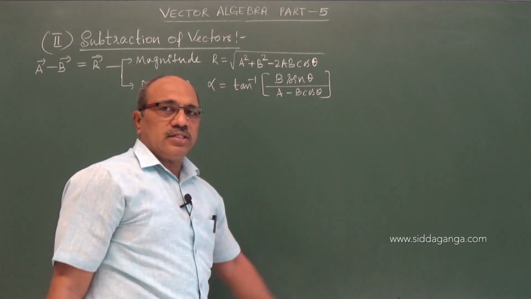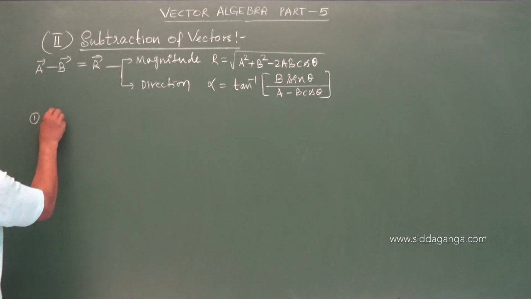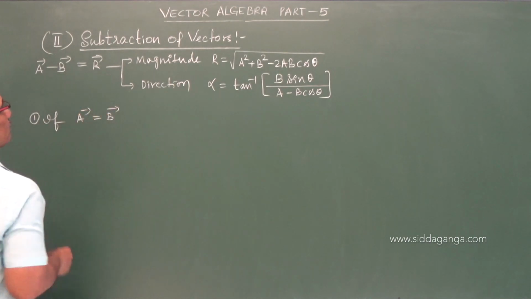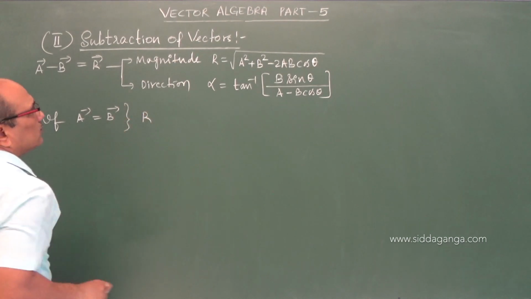Similarly we can discuss special cases. If vector A equal to vector B, what happens to R, the magnitude?